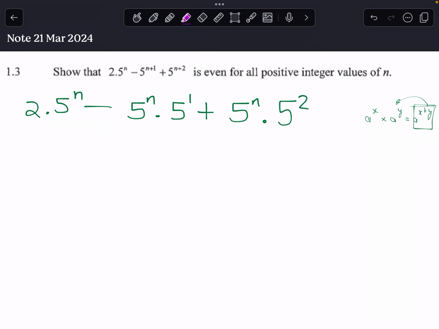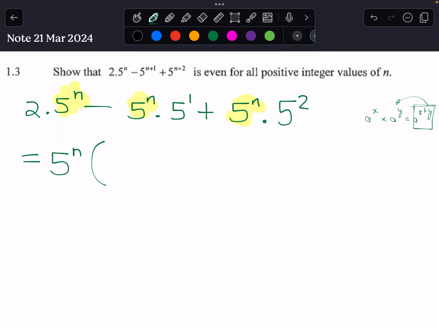And so now it becomes clear that we have a common factor of 5 to the n. So I'm going to factor that out. We now have 2 left in the first term, 5 to the 1 in the next term, which is just 5, and 5 to the 2 in the last term, which is 25.